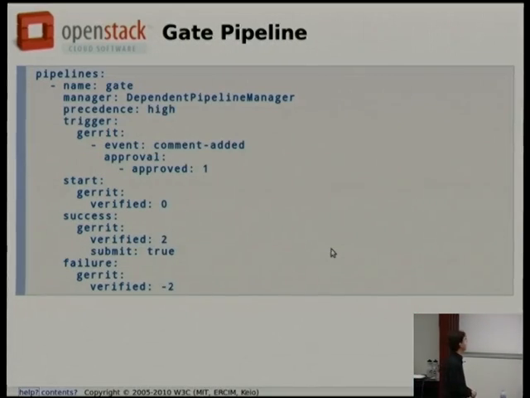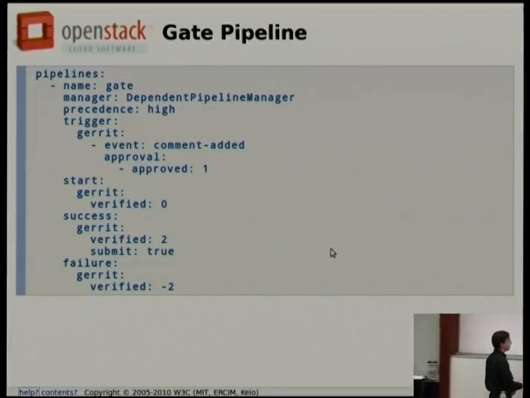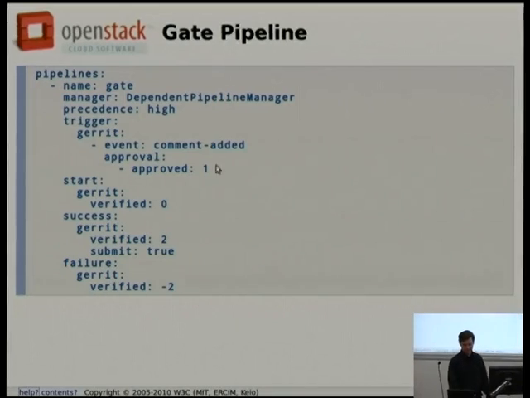The gate pipeline is very similar, except that it has a couple of extra things. First of all, it's triggered on a comment added event in Gerrit, where somebody leaves an approved vote. So the actual thing that causes Zuul to enqueue this change is somebody leaving an approved vote in the approved review category.